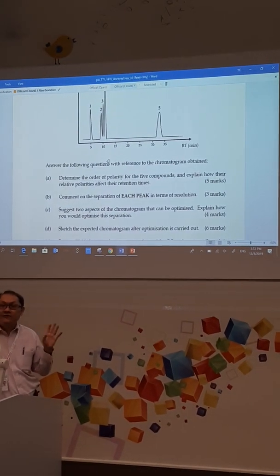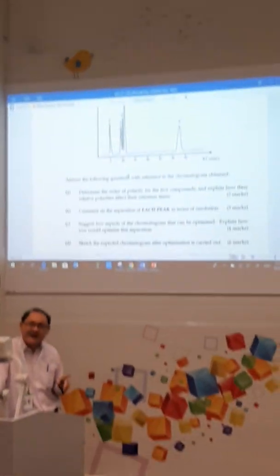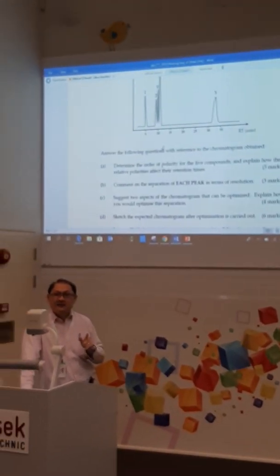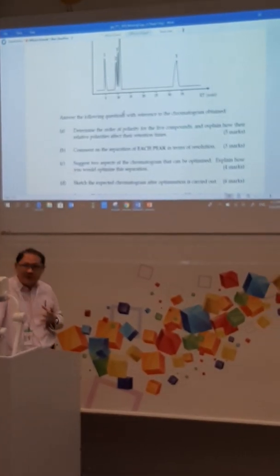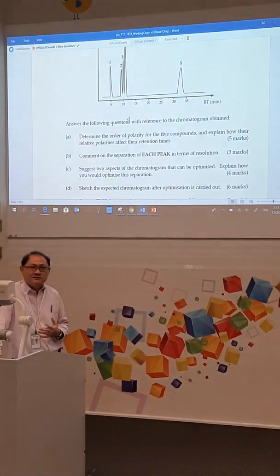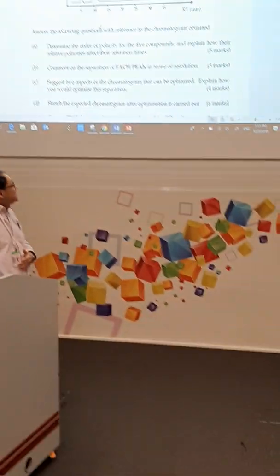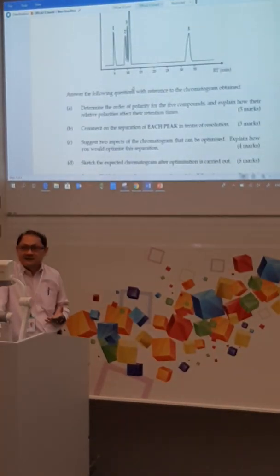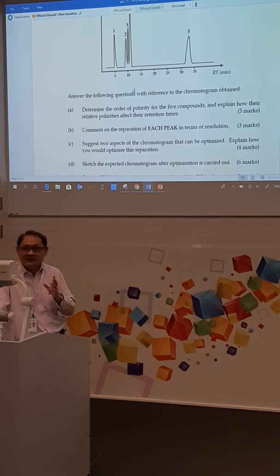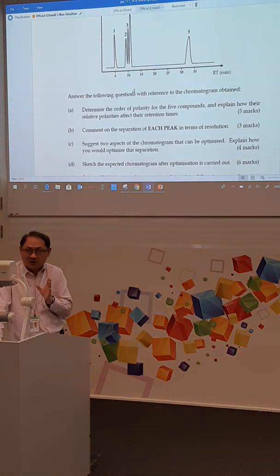But then for compound A, from the chromatograph, the separation is done well, is acceptable. Compound 5, the additional issue is that although it is separated from the rest, if you look at the chromatograph, the peak is quite broad.